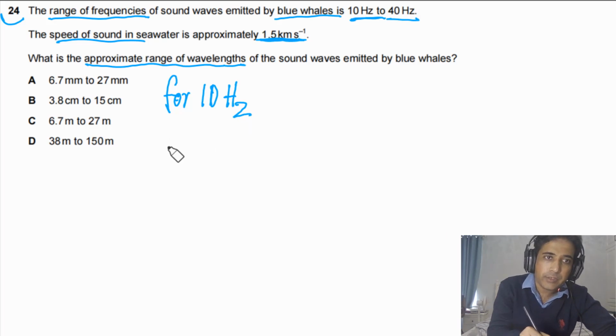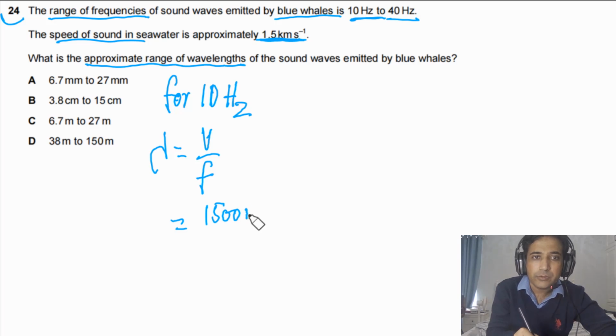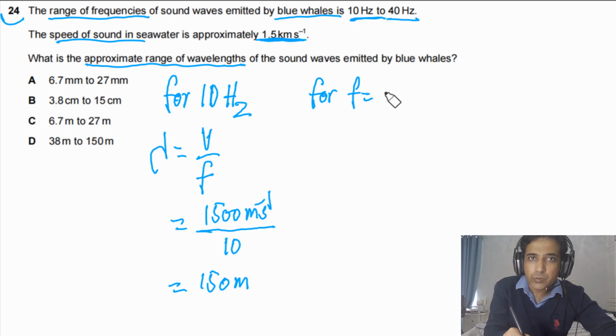For 10 hertz frequency, we can find the value of lambda, that will be equal to V divided by F. The value of V we have, that is 1.5 kilometers per second, which means this is equal to 1500 meters per second divided by 10. So we will get 150 meters. For F equal to 40 hertz, we can also calculate lambda, that will be equal to 1500 divided by 40.